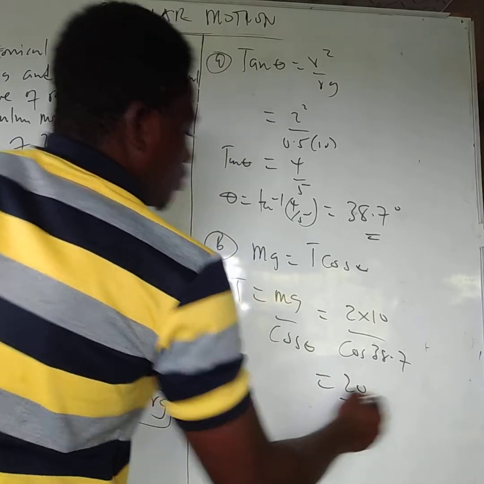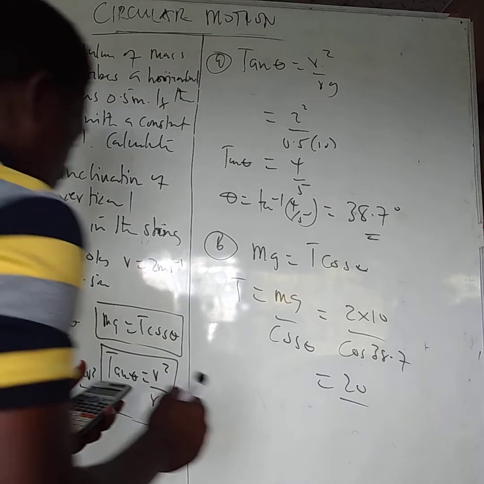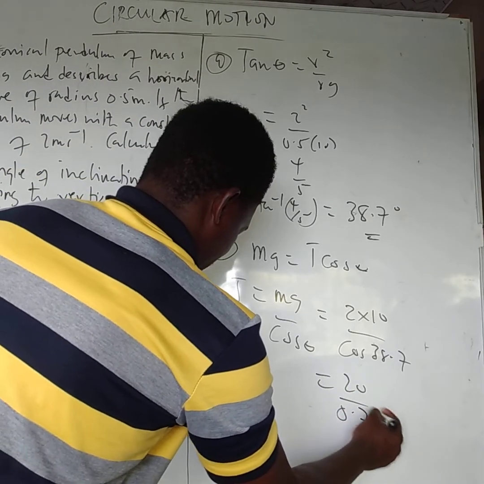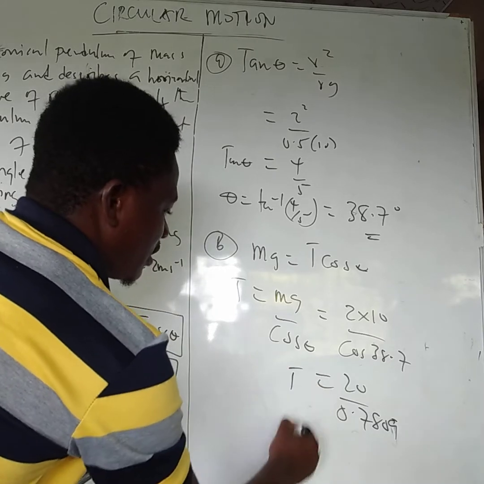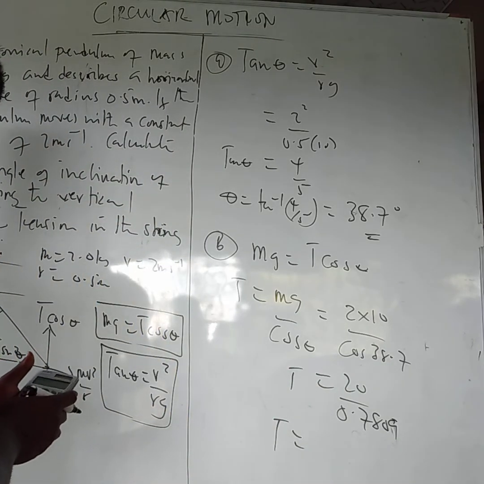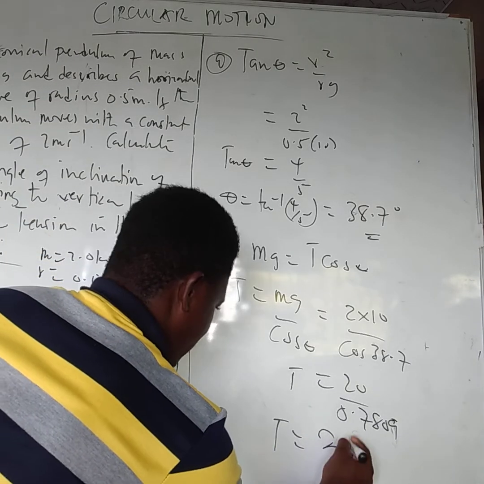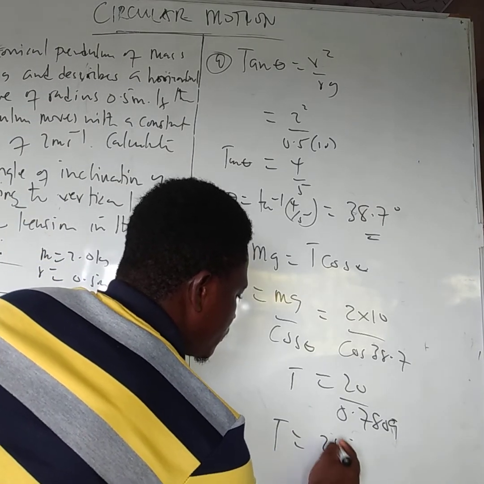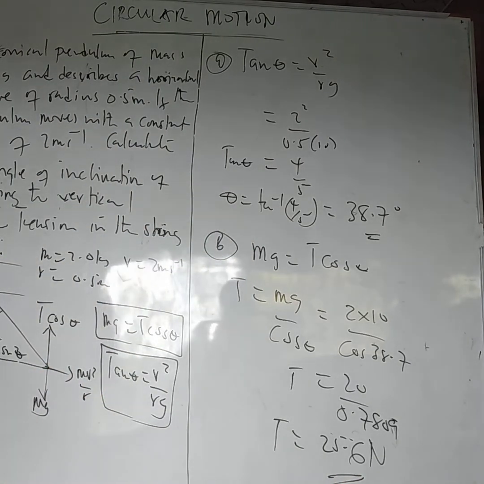This is 20 over cos of 38.7, which is 0.78009. Therefore, our tension T becomes 20 divided by that answer, which gives you 25.6 Newton.